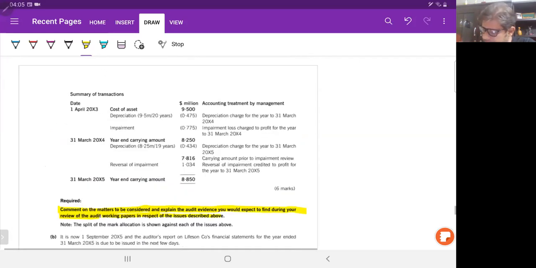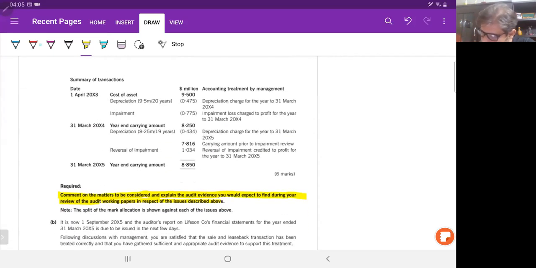So what we have to do is comment on the matters to consider and explain the audit evidence you will expect to find during the review in your audit file. That means you are the audit manager, and you have to play the role of the audit manager in this question.